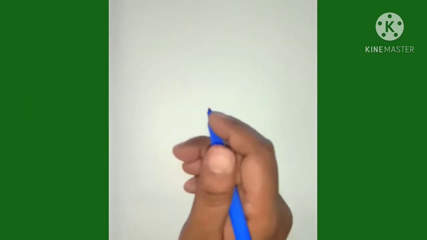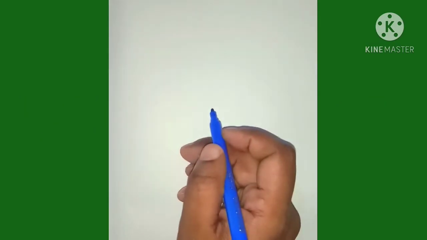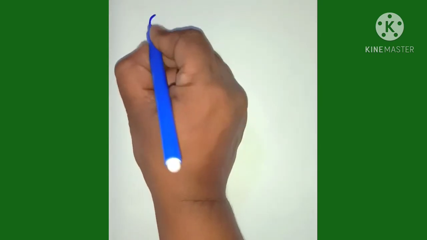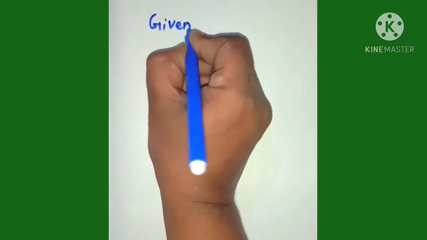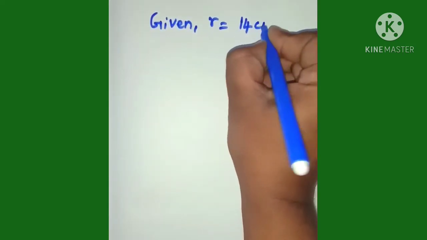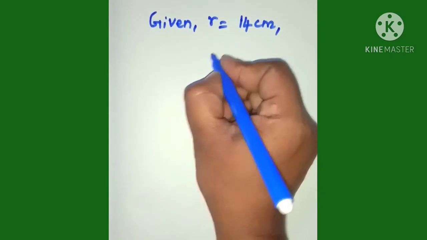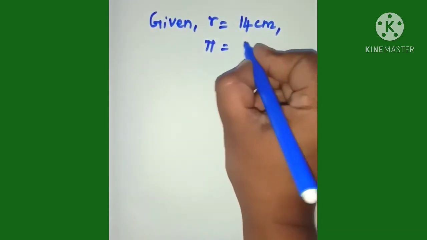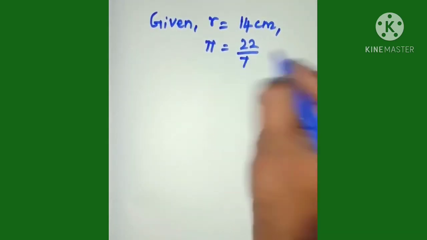Friends, we have to find what is the circumference of the circular disc of radius. So given radius is equal to 14 centimeter and the value of pi is given, 22 by 7.